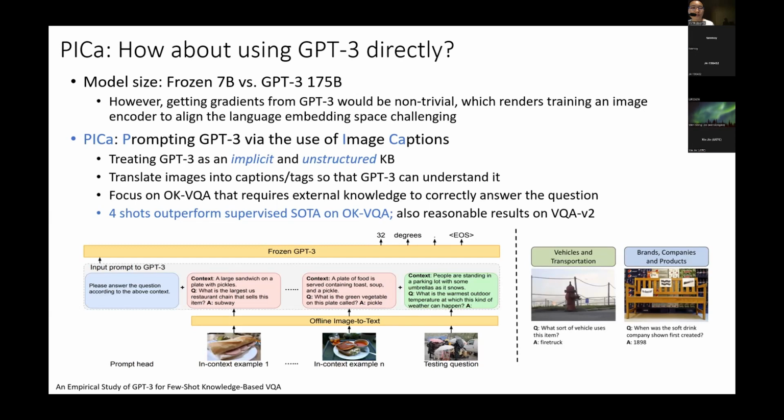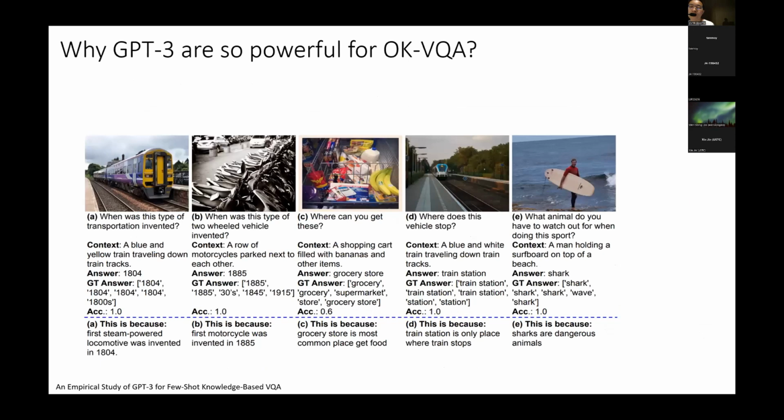Here the authors simply treat GPT-3 as a knowledge base, but translate the images into captions or text so that GPT-3 can understand it. By doing this, they show 4 shots can outperform supervised SOTA, and they also have reasonable performance on the standard VQA data set.